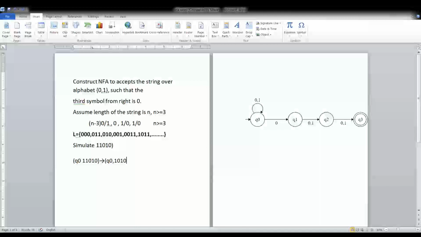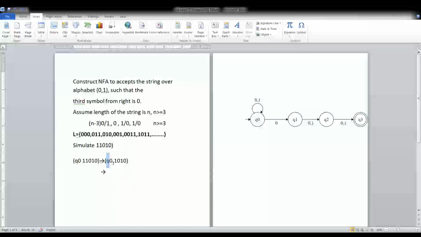We go to the next step and insert the arrow.